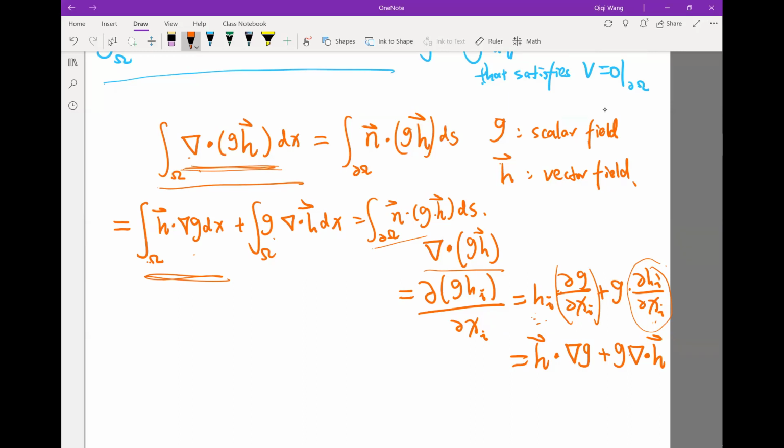Essentially, I can take the scalar function out of the gradient and put the corresponding vector function into a divergence. Or I can do the other way: I can pull a vector function out of a divergence and put the scalar function outside of any derivatives, inside a gradient. Right? So this is really the integration by parts, and you can use it both ways.